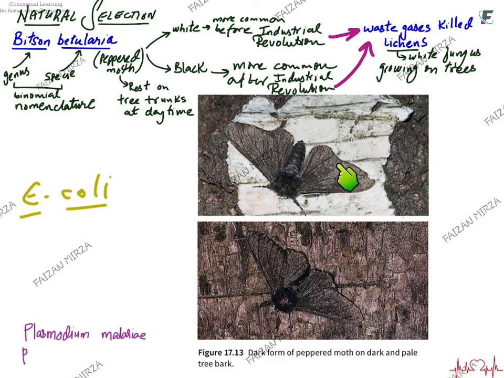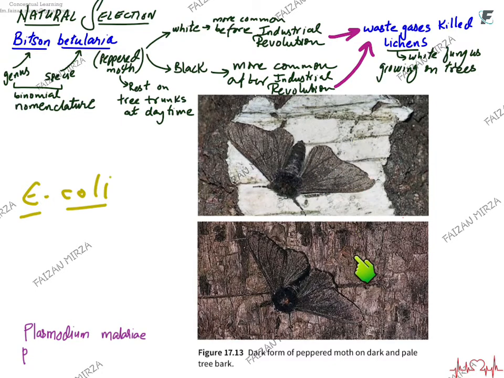Before the Industrial Revolution, the barks were covered with this white fungus, the lichens. During the daytime, the white phenotype of the peppered moth would rest, and the black would rest as well. The black one was likely to be caught by the predatory birds, because the predatory birds use their eyesight for seeking prey, and they would spot the black very well against the white background.